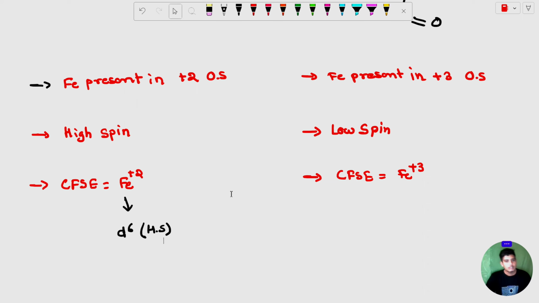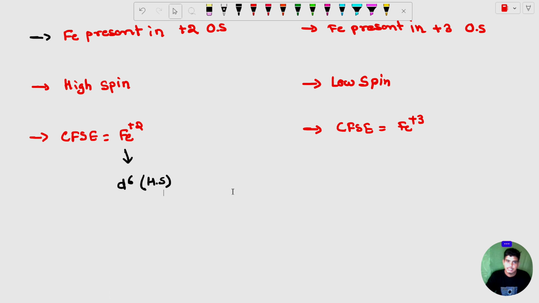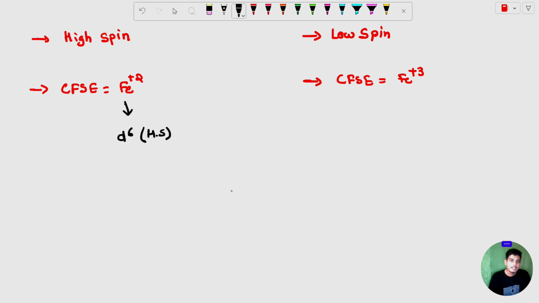Now for d6 in Fe2+ there are 6 electrons present in the d subshell. The capacity of the d subshell for holding electrons is 10. In Fe2+ there are only 6 electrons present, so you can simply arrange them into the different orbitals.